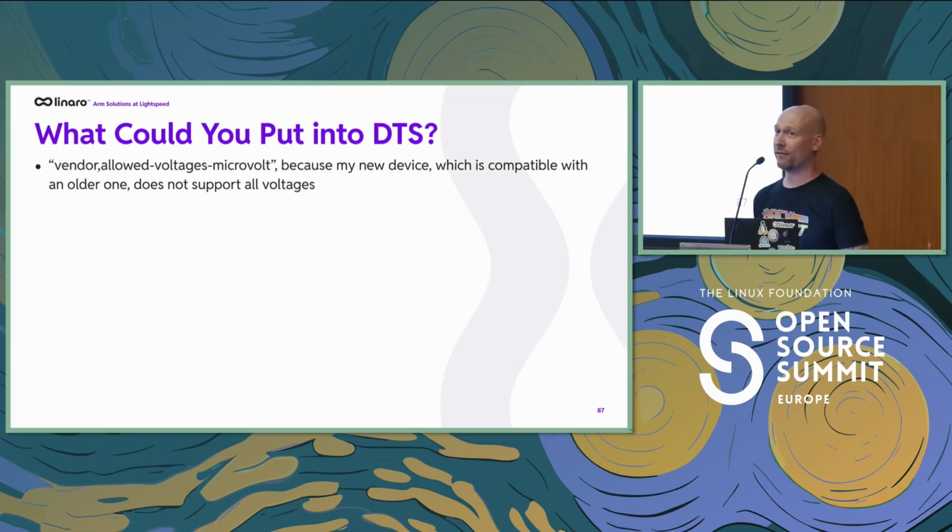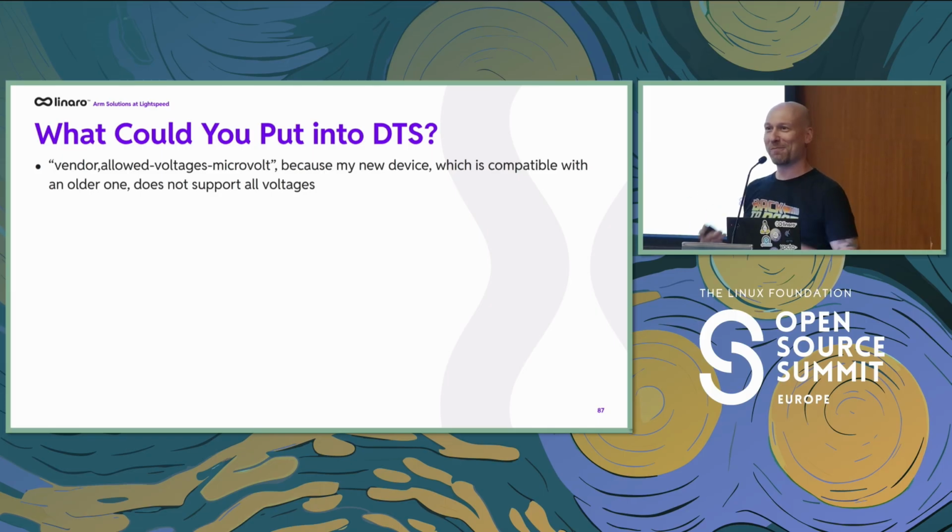Okay, I mentioned the voltages, another case. I want a vendor,allowed-voltages-microvolt property, so kind of a list of which voltages are allowed for my new device. I have two devices, right? I have a new device that's compatible with the old one, but the new device has different voltages, and I want to restrict this number of voltages in the DTS.